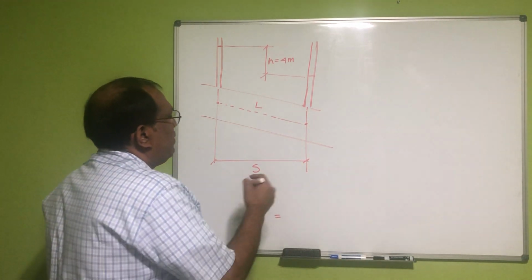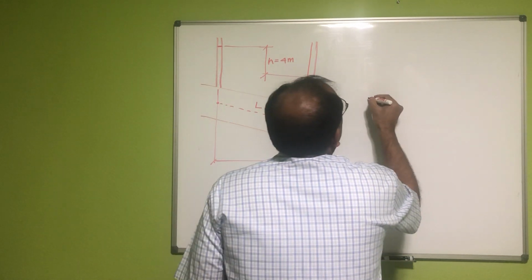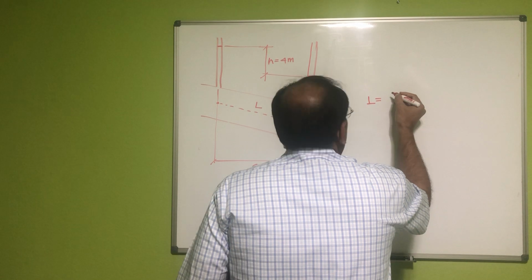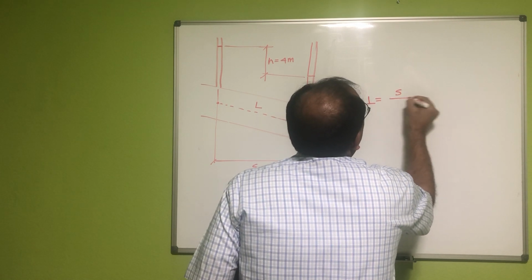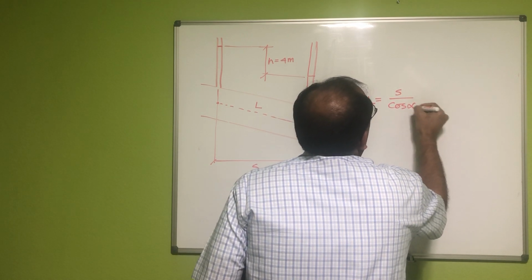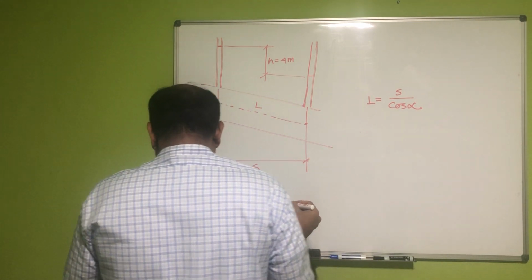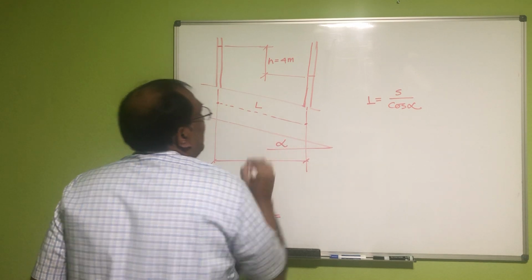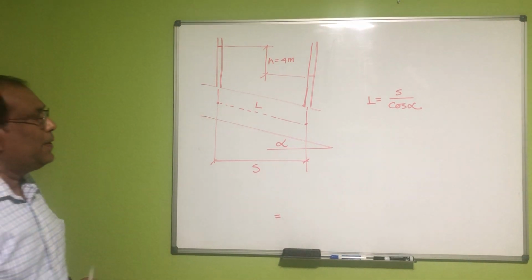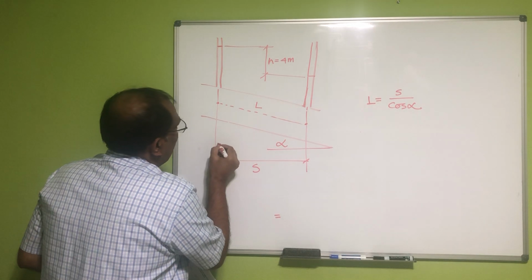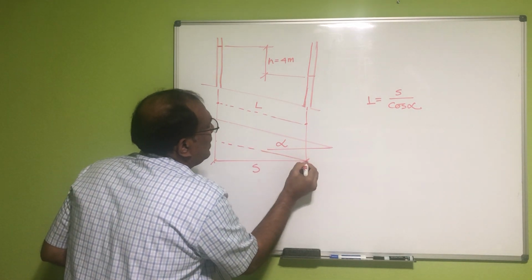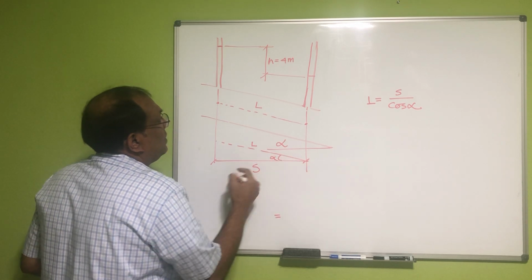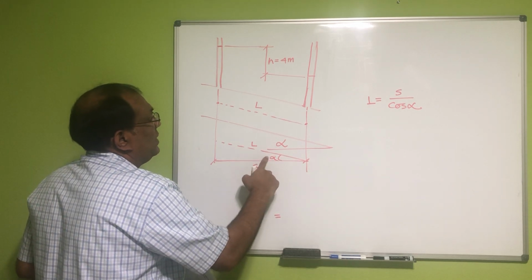So actually you can find out your L from here. So L is equal to S divided by cosine alpha. That's basically your alpha here. Okay, so you can see the distance is here. That's actually your L, and this is your alpha.